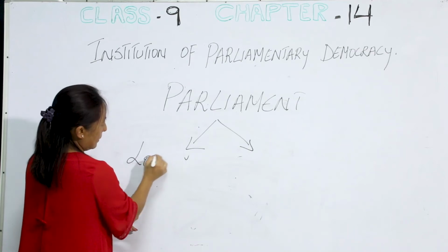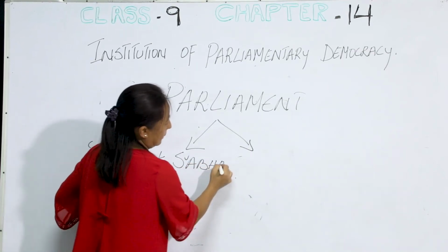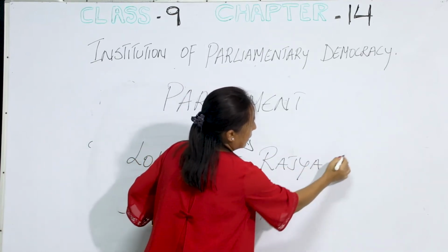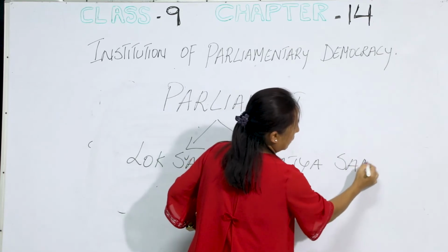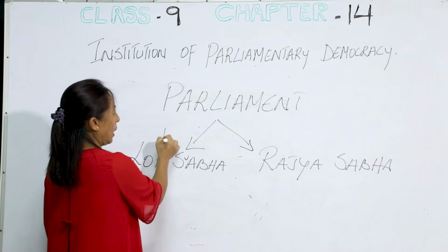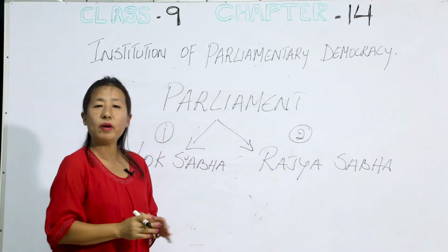One is called the Lok Sabha, and the other one is called the Rajya Sabha. These are the two houses of parliament.